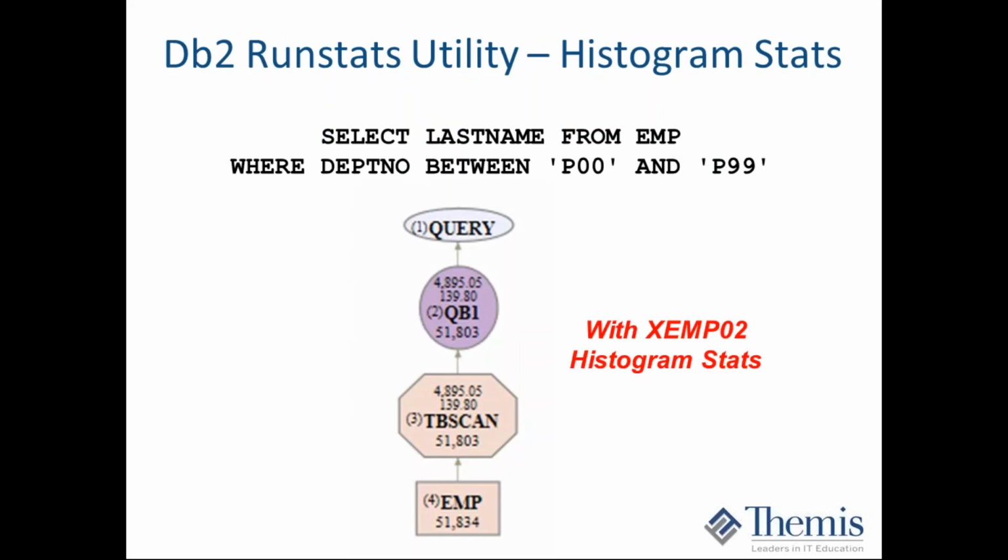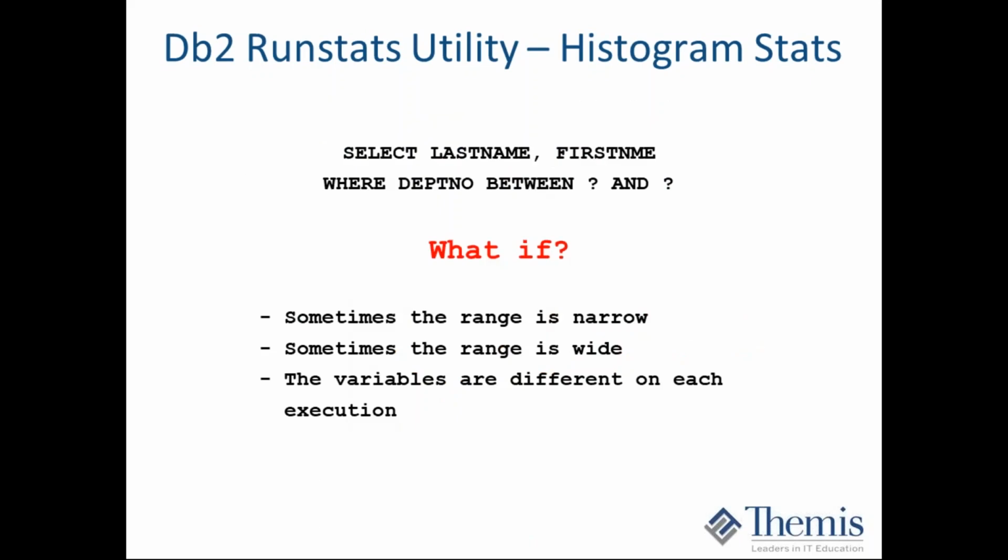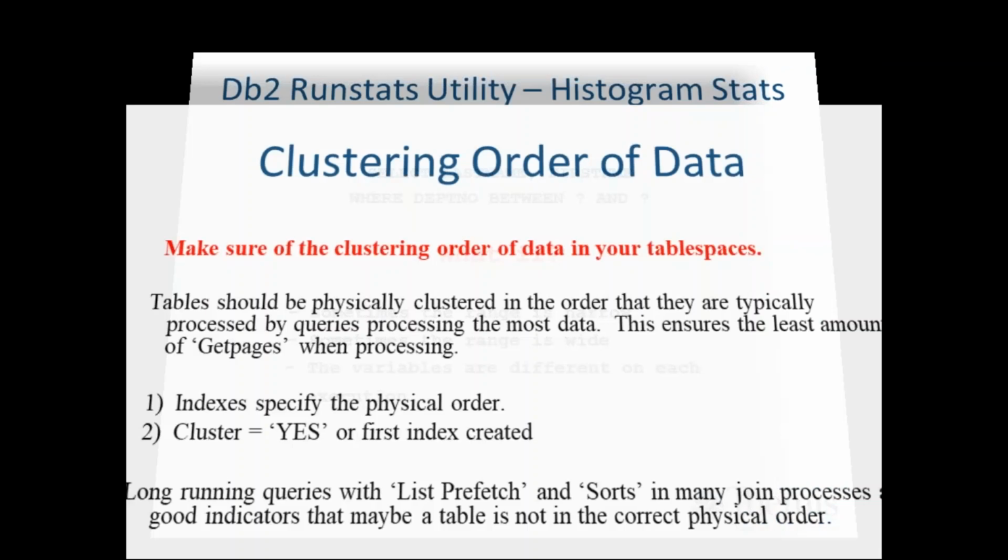Now when I specify a certain range like that, the optimizer can easily figure out how many rows are coming back based on that particular value. If our ranges vary a lot, or if I have to use host variables, I really can't do much other than write a dynamic SQL program so that DB2 knows at runtime what the values are and will then re-optimize at runtime. That's just a little comment on that.